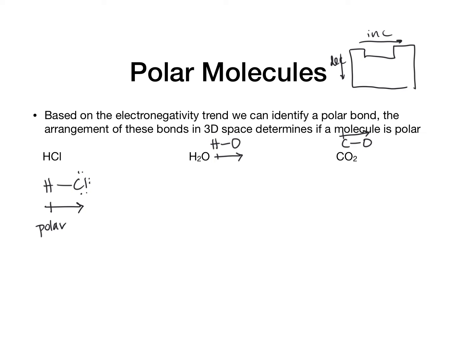So we can draw a 3D structure of water, and I'm going to draw it a little differently than maybe we've been drawing it, but it's still the same. So we have this structure. So in this case, our two polar bonds go in this direction. So there are two polar bonds, and overall, they give you a polar molecule.